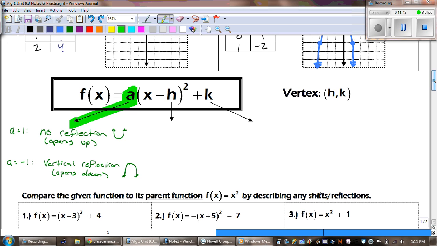Now, next thing that we're going to be talking about is the h. And the h tells us about the horizontal shift. So the horizontal shift. Now, in the original equation, h is negative.